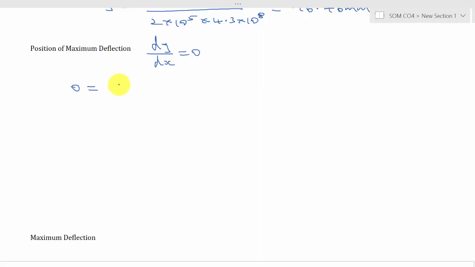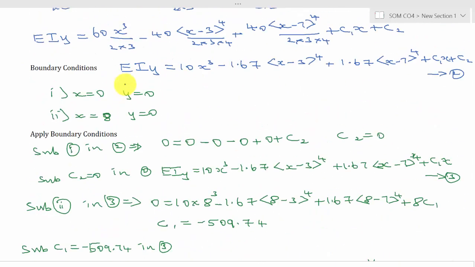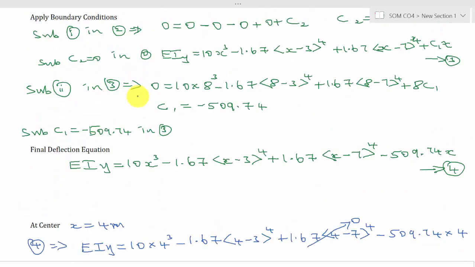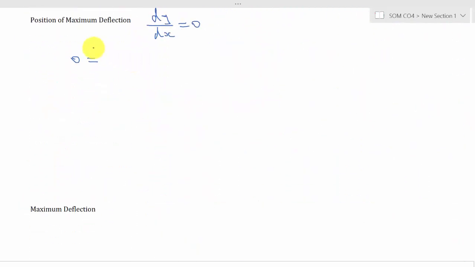So 0 is equal to 60x square by 2. So this is 60x square divided by 2. Then minus 40 x minus 3 the whole cube divided by 2 into 3.